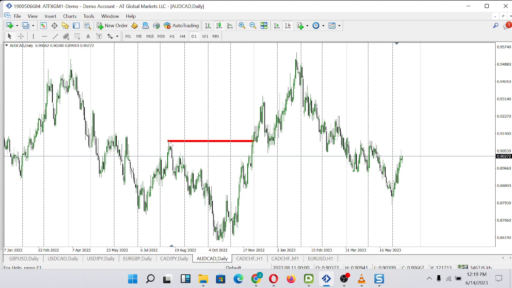Our market structure has shifted from a bearish move to a bullish move. Remember I said for bearish, a series of lower high and lower low. For bullish it is higher high and higher low. Now it broke this previous high, made a higher high here, retraced back here. This is our higher low. And it made a higher high here.